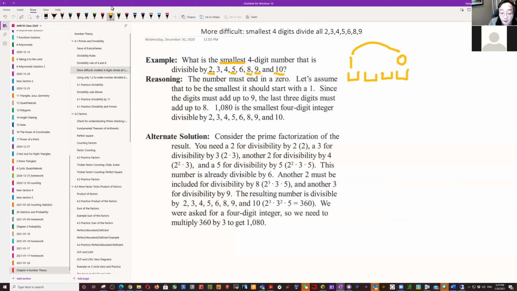So 1, 0 is the thing we are trying to shoot for. And then because we have to add up to 9, and we go for the smallest, if we can put 0 here, that's the most ideal. And then we put 8 because we have to make 9 by 1 plus 8. 8 is the smallest possible number we can get. Because we already satisfied 9, we try to see if it satisfies 8.